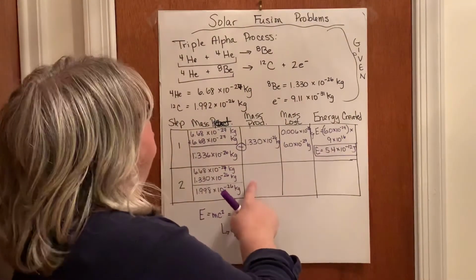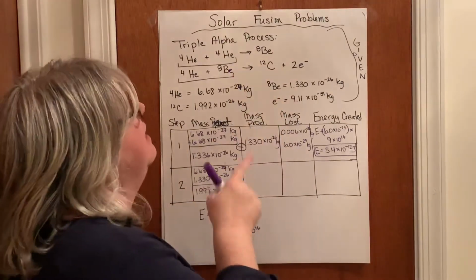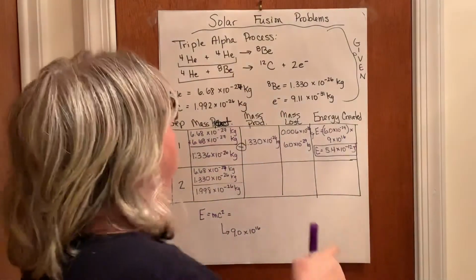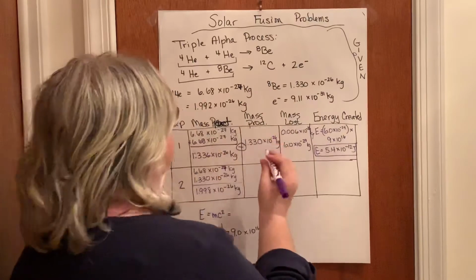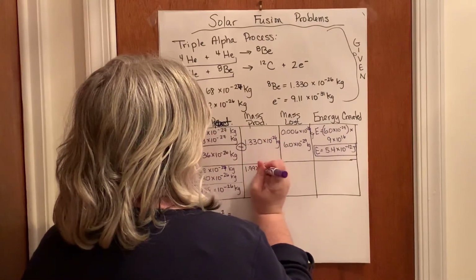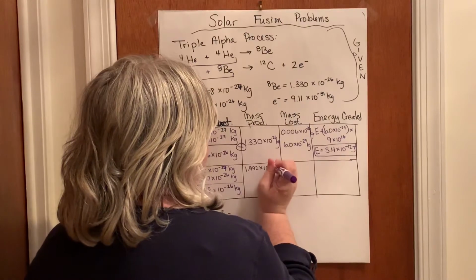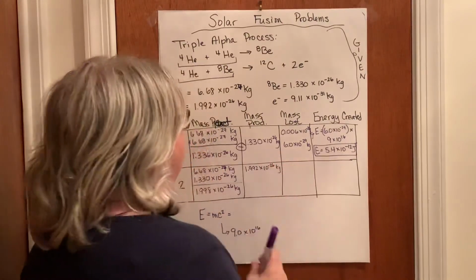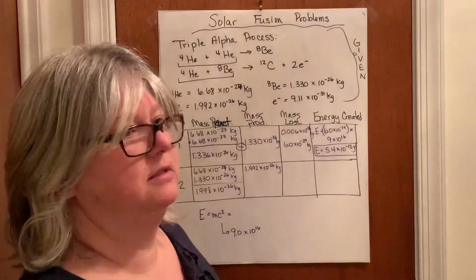I'm now going to look at my products. And I have 2 products. I have carbon 12, which is 1.992 times 10 to the negative 26. And then I have 2 electrons.